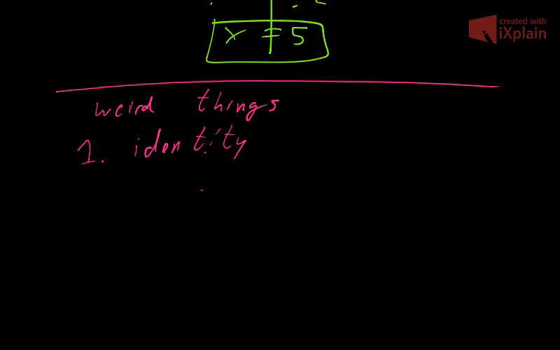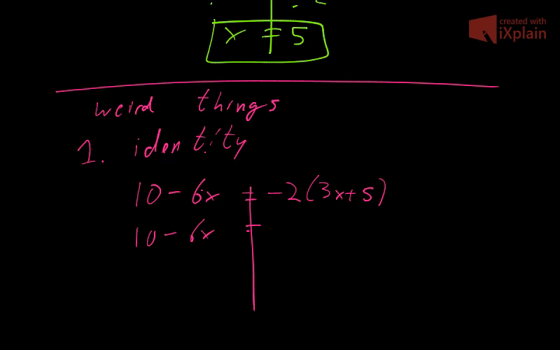So if I do 10 minus 6x equals negative 2 times 3x plus 5. After I distribute this, I'd get 10 minus 6x equals negative 2 times 3x would be negative 6x, negative 2, oh, I need this to be minus, I'm sorry.